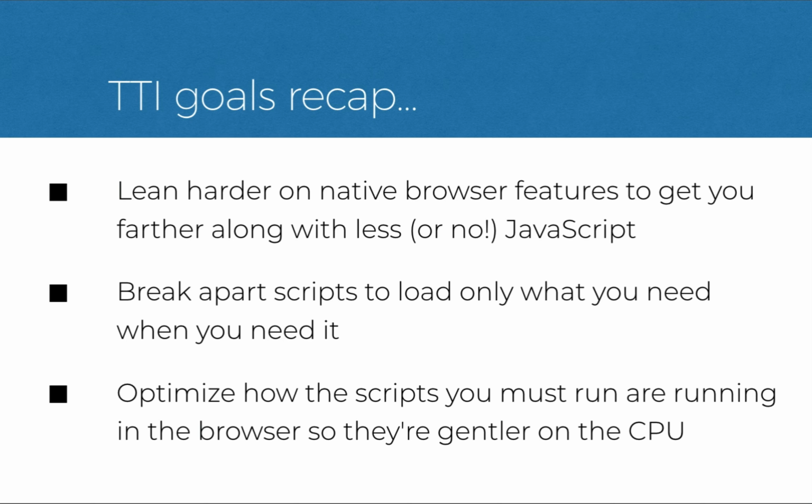Break apart your scripts so you're loading only what you need when you need it. Make sure that you're eliminating any scripts that are not being used so they're not loaded at all. And then optimize how the scripts that you must run are going to run in the browser so they're much gentler on the CPU and the input delay is very, very low.